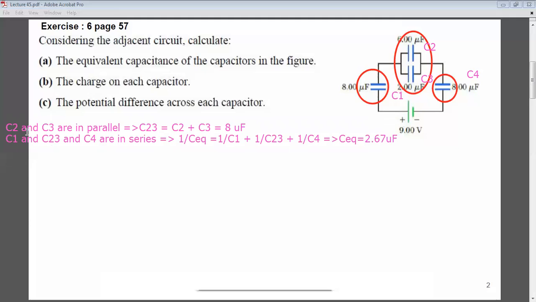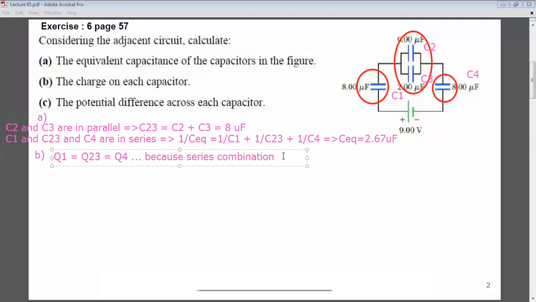So this is part A, now part B. Find the charge on each capacitor. If we look here, we will find that Q1 is equal to Q3. Why? Because remember, when they are in series, the Q's are equal.